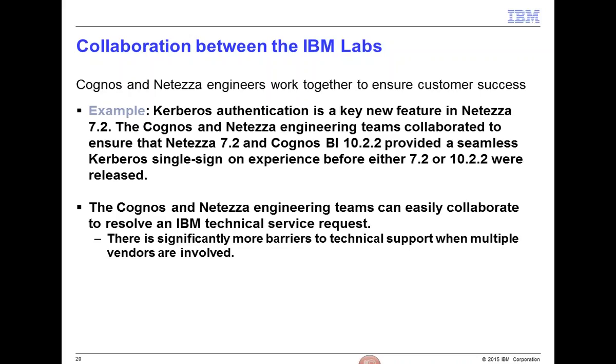The engineers are trying to make sure everything is a Kerberos single sign-on experience, whether it is the 7.2 version of Netezza or the 10.2.2 version of Cognos. A lot of it is tested and tried out before being released to end clients. IBM also goes through a program where they ask clients or business partners like ourselves to help with testing and beta testing as well.